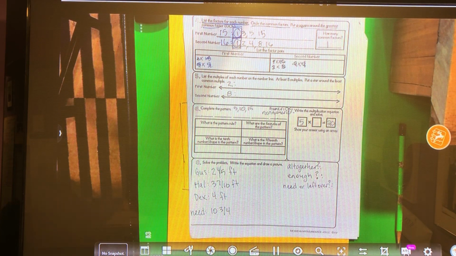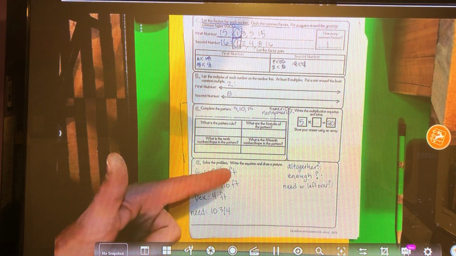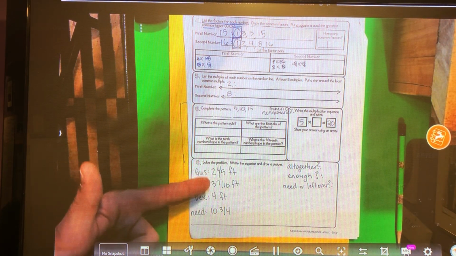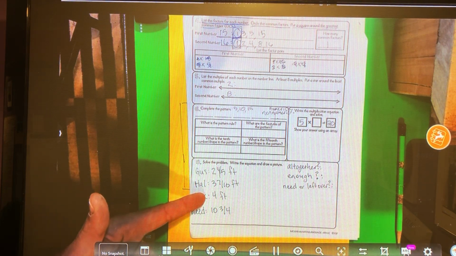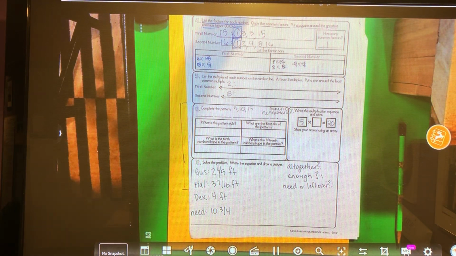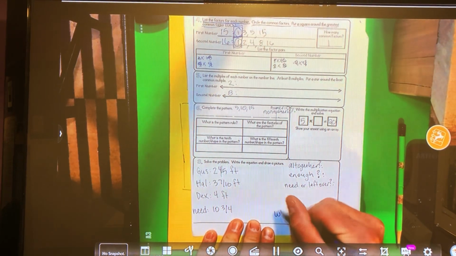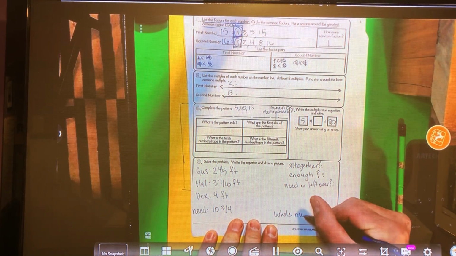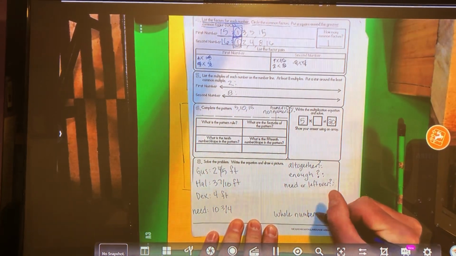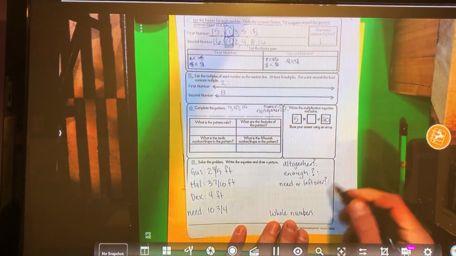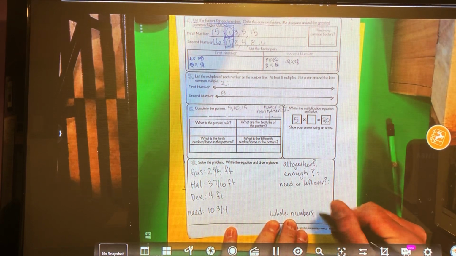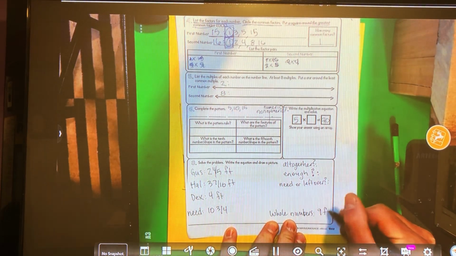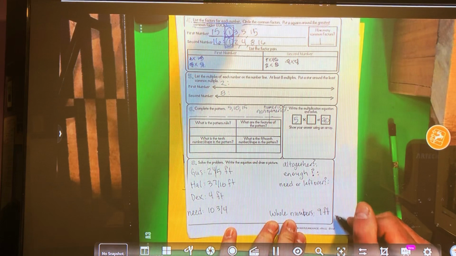One thing you can start by doing is simply adding up the whole numbers. The whole numbers are your 2, your 3, and your 4. If you add those up, 2, 3, and 4, that's going to get you a solid 9 feet of rope.